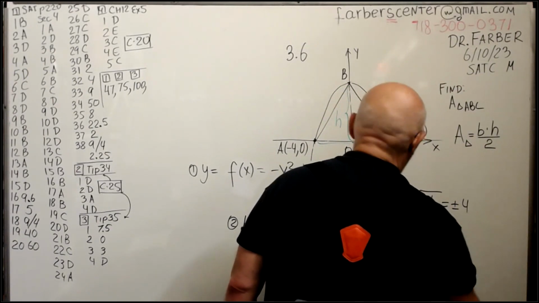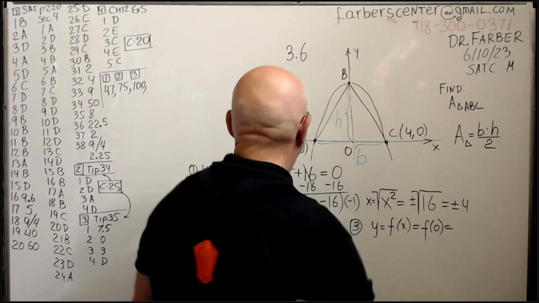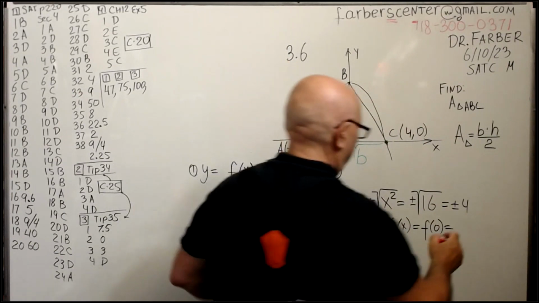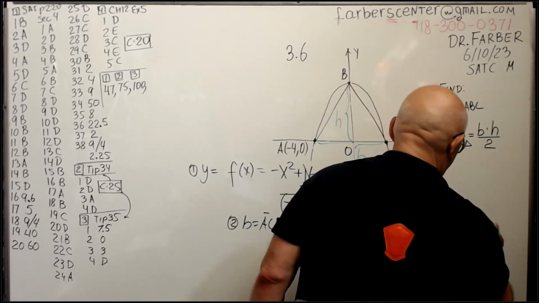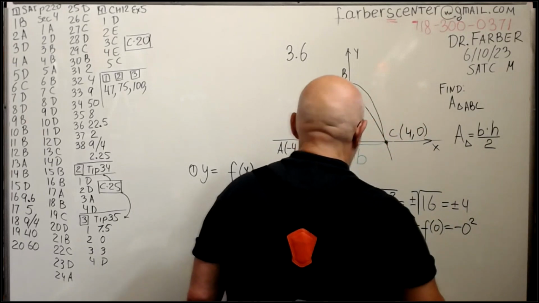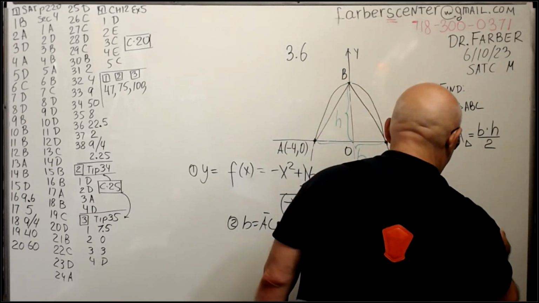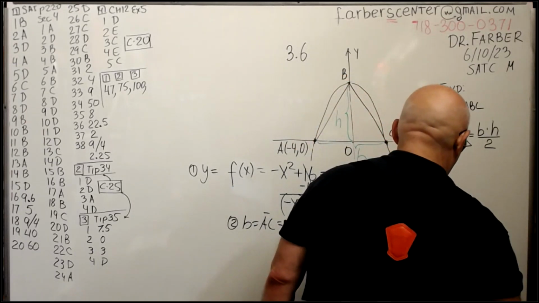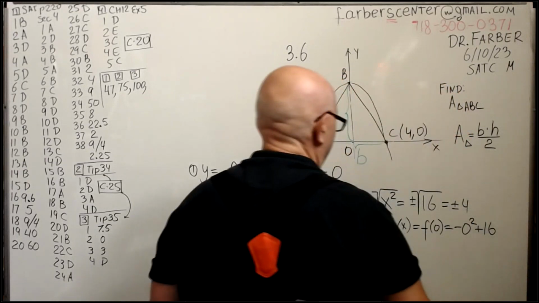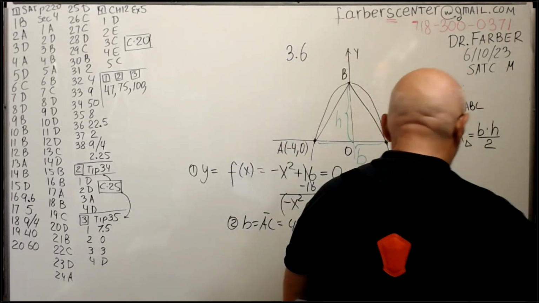How to find f of 0? I plug into this equation. It would be negative 0 to the second and plus 16, right? So far so good. So this is 16.